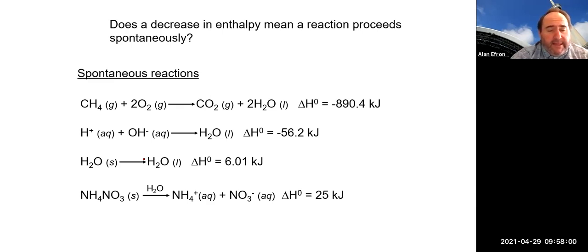We have a combustion reaction with methane, with a delta H of minus 890 kilojoules, meaning that it's exothermic, which we would expect, right, energy being given off. The formation of water is also exothermic. But there are some processes down here that are actually endothermic. We see a positive delta H for water in the solid state going to water in the liquid state. That is basically an ice cube melting.